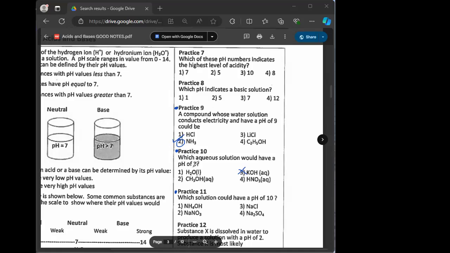So first for 10, is it an acid or a base that we're looking for the pH? A base. Acids have pHs of less than 7. Yes, ma'am, acid.